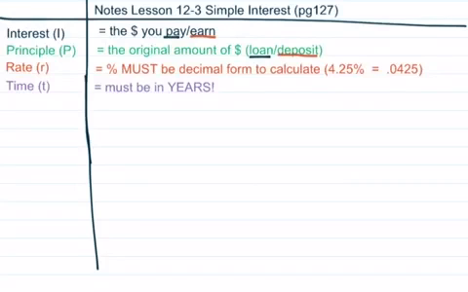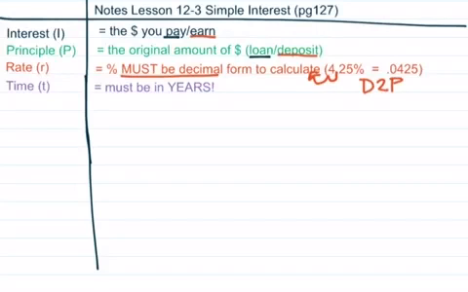Okay? So the rate, R, is given as a percentage, but it must be in decimal. We have to convert it to decimal. And the way we do that, I've got an example here, 4.25% written as a decimal. I would have to move my decimal 2 places to the left because of our D2P expression.